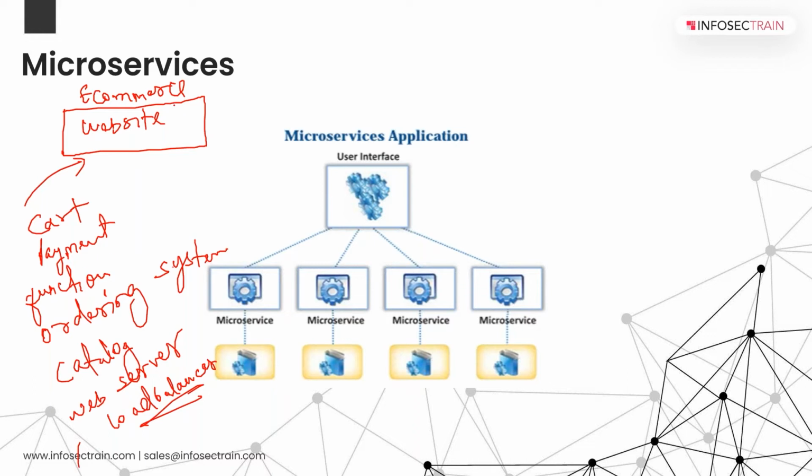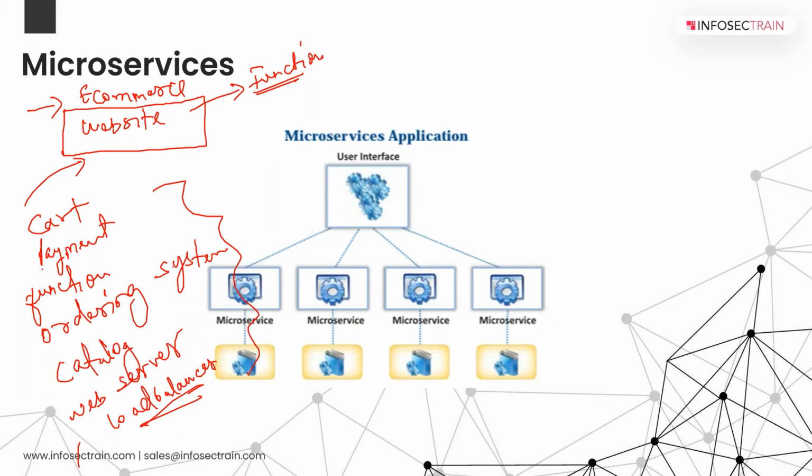So when we create a particular e-commerce website, we have to add a lot of services to make this website function. Now managing all these services for a single person is very difficult.